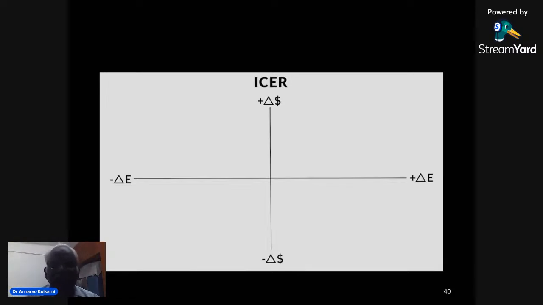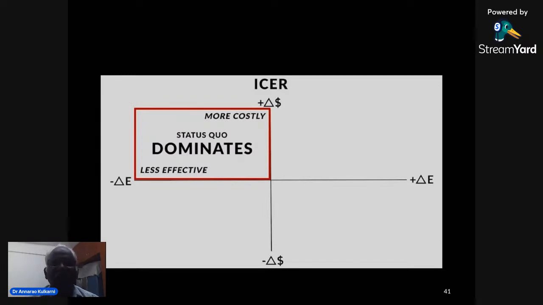Now, the difference in effectiveness is plotted on the x-axis and the difference in cost is plotted on the y-axis. If the intervention falls in this particular quadrant, the upper left quadrant, it is more expensive, because this is less cost and this is more cost, and it is less effective.